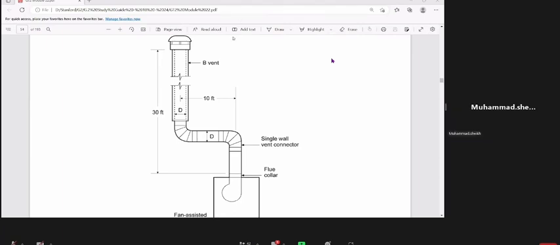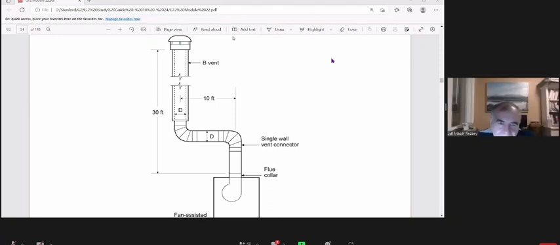Between elbow to elbow is lateral. Here is my lateral, 10. So, it said if this lateral is not in the book, you have to do interpolation. Interpolation, I will teach you later on how to do it.